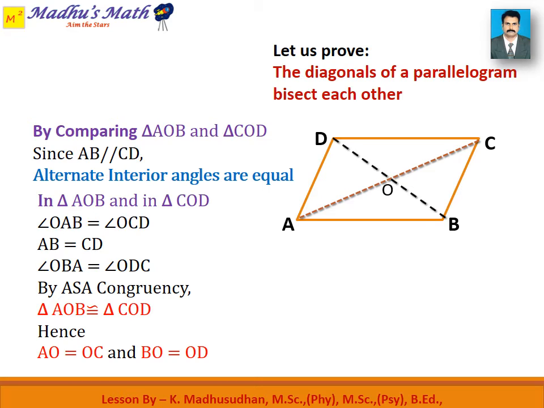As we all know that the alternate interior angles are equal and opposite sides of the parallelogram are equal, based on that we use the angle side angle congruency property, and we prove that triangle AOB is congruent to triangle COD, which results in AO equal to OC. Similarly, BO is equal to OD.